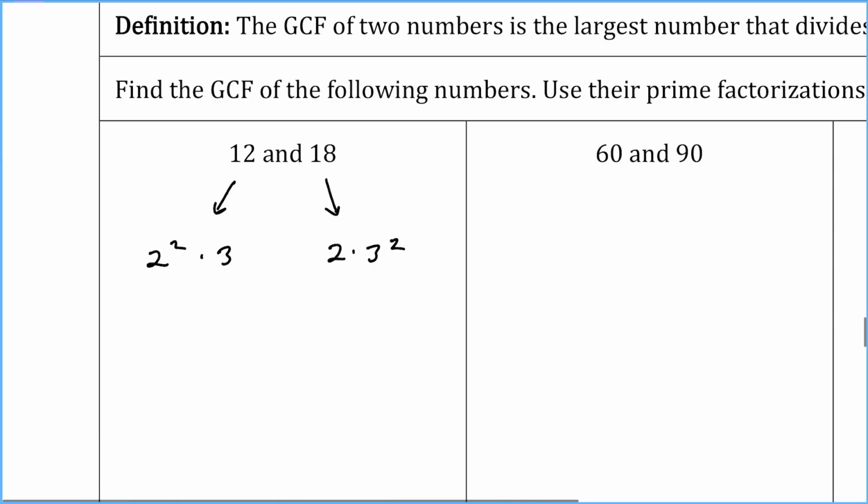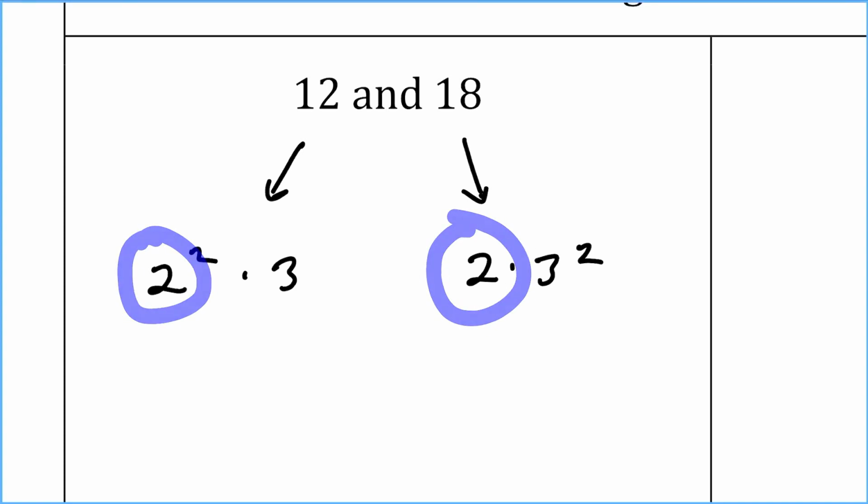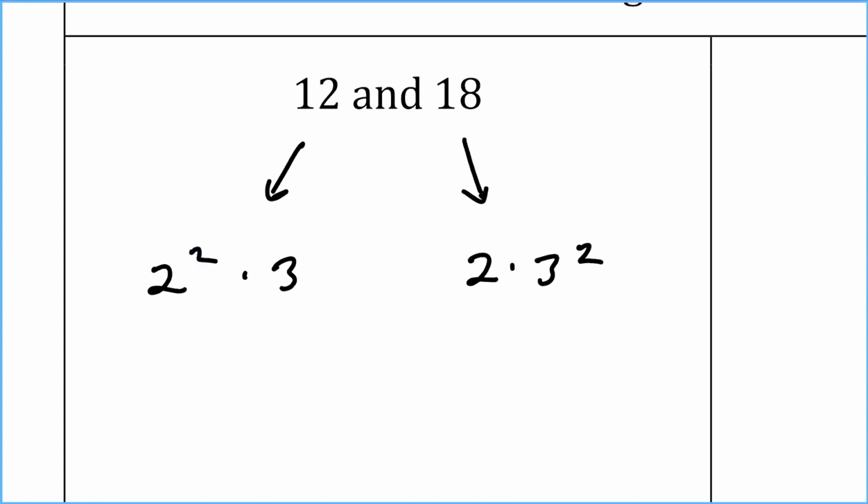Here's how you find the greatest common factor from the prime factorizations. I'm going to use all the prime factors that they have in common. So we notice they both have a 2, so we're going to use that. And they both have a 3. So we're going to use the 3.